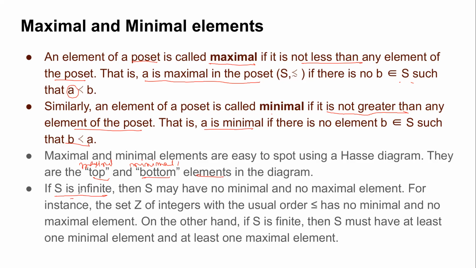But if you consider the set as a whole, you may not have a maximal or minimal element. But in a finite set, you are guaranteed to have at least one maximal and minimal element. When I'm talking about S, I'm not talking about its subsets. If I take S as an infinite set itself, then I may not have a minimal or maximal element, because it's not defined for the set as a whole.